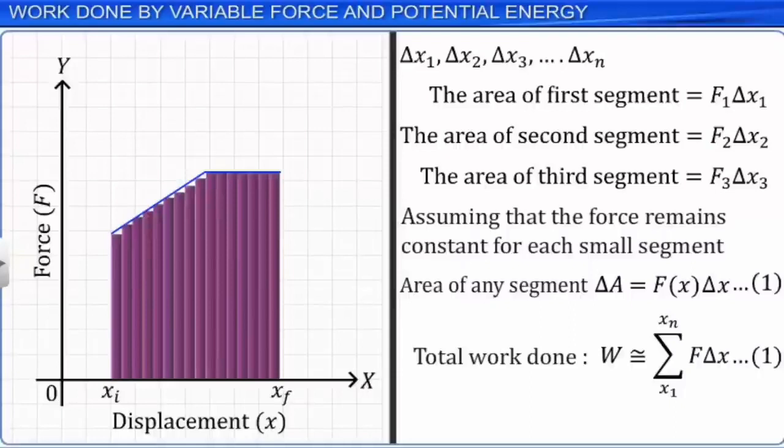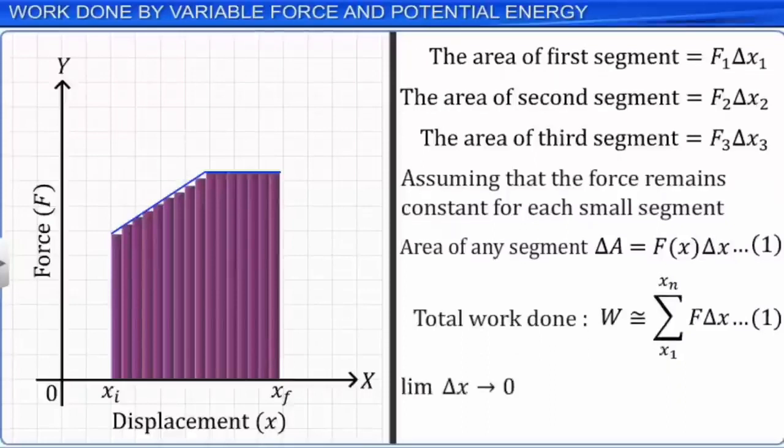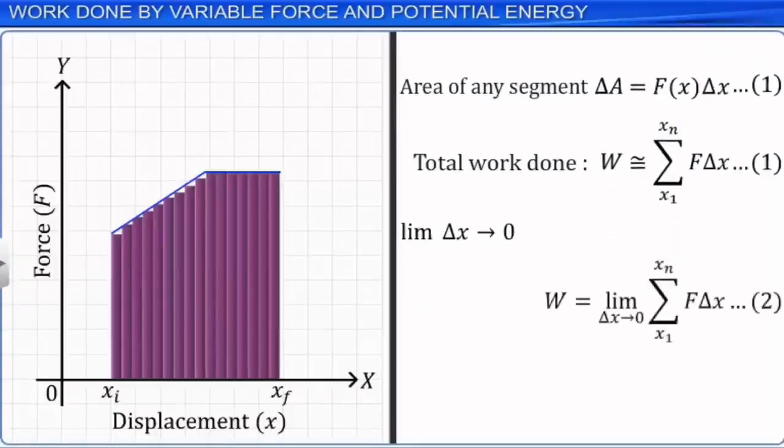If the size of each segment is very small, each segment tends to 0, and we have a large number of such segments, and the total work done is calculated as W is equal to sigma of F delta x between the limits x1 to xn, as the limit of delta x tends to 0.